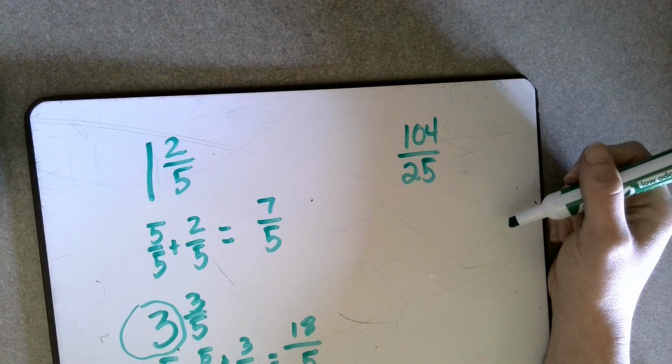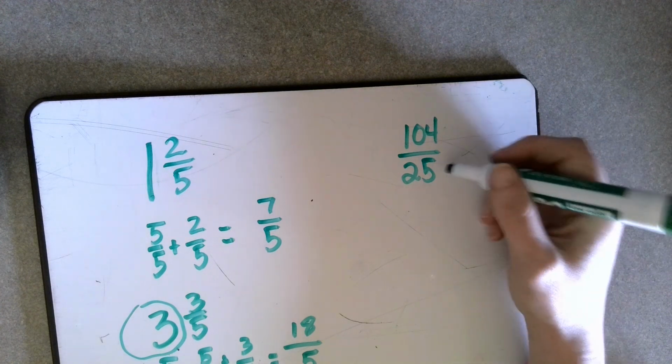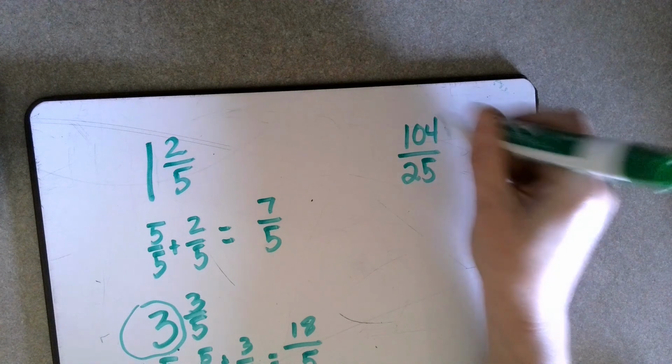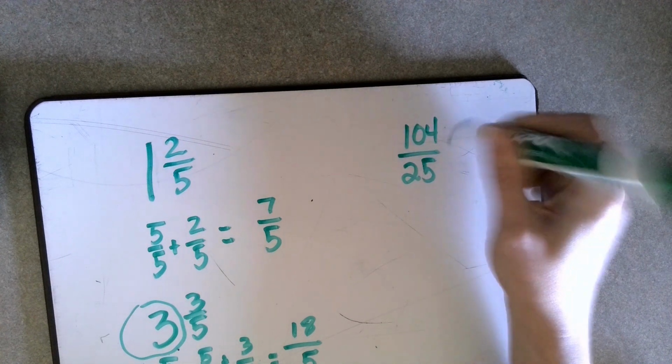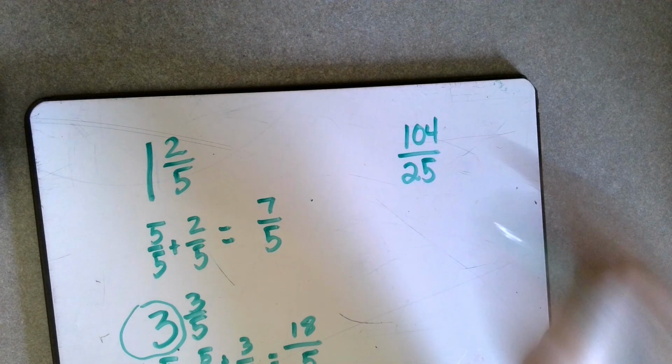I think of a quarter, right? And I know a quarter is worth 25 cents, and a dollar is 100 cents. So I know I'm going to have 4 groups of 25 and then 4 more.